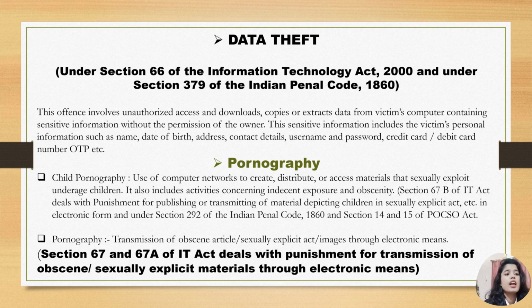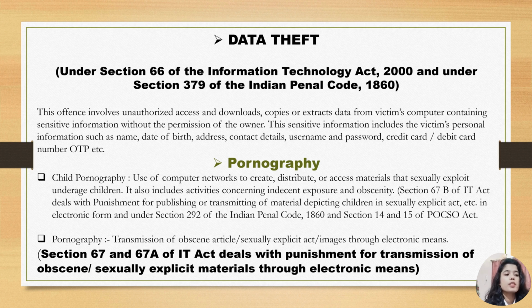Pornography. Child pornography is the use of computer network to create, distribute, or access materials that sexually exploit underage children. It also includes activities concerning indecent exposure and obscenity. Section 67B of the IT Act deals with punishment for publishing or transmitting material depicting children in sexually explicit acts, etc. in electronic form, and under Section 292 of the Indian Penal Code 1860 and Sections 14 and 15 of the POCSO Act.